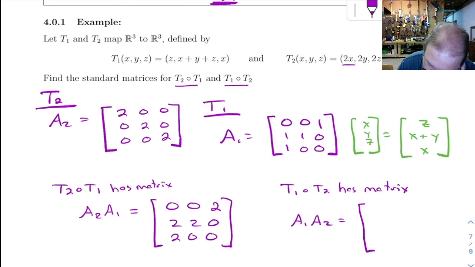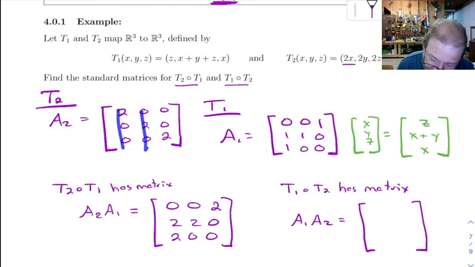So here we'll multiply these two matrices together. And again, this is a pretty easy multiplication to do. If we take this row and dot it with each column, we're going to get 0, 0, 2. Another way of thinking of that is it's just going to give us the bottom row. This is going to give us the top plus the middle.